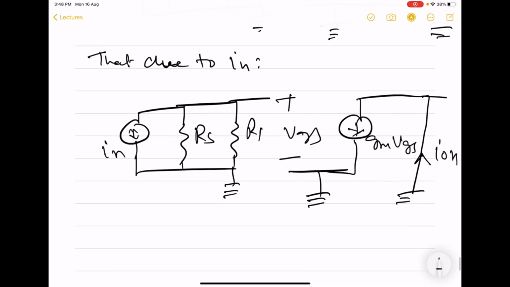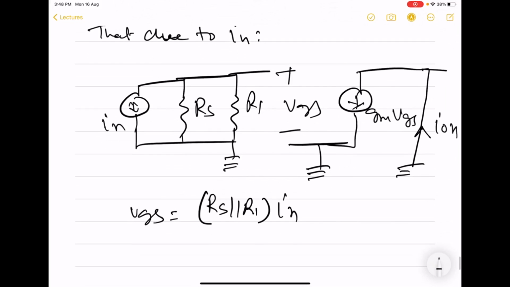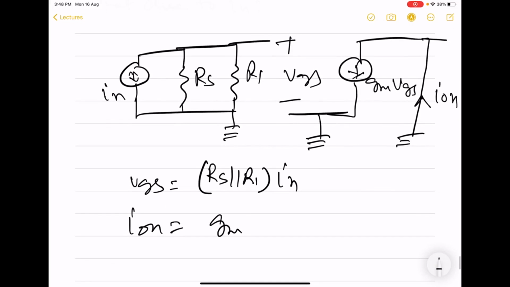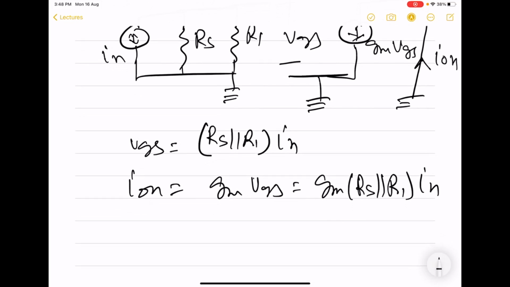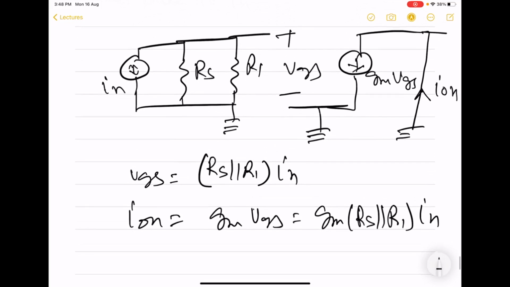So you can see that VGS is equal to RS parallel R1 times IN. So ION is going to be GM VGS, which is GM times RS parallel R1 times IN.